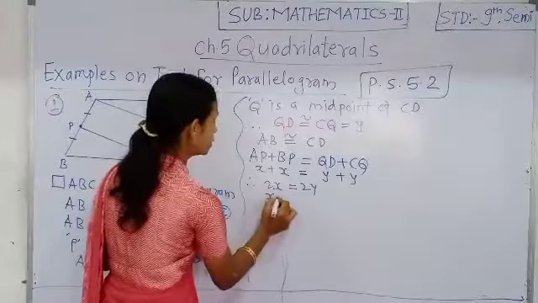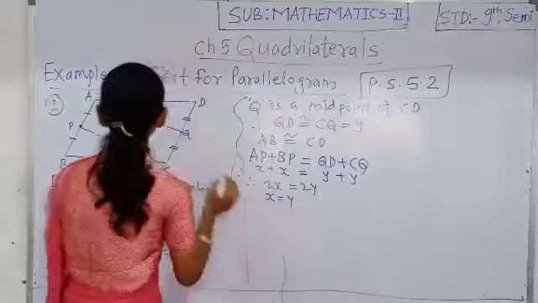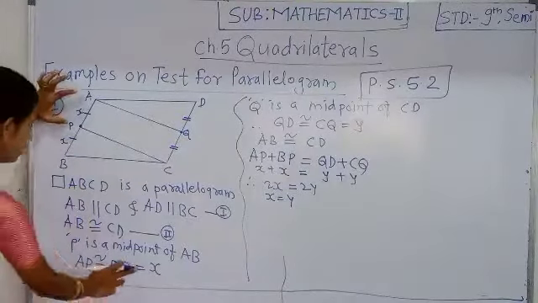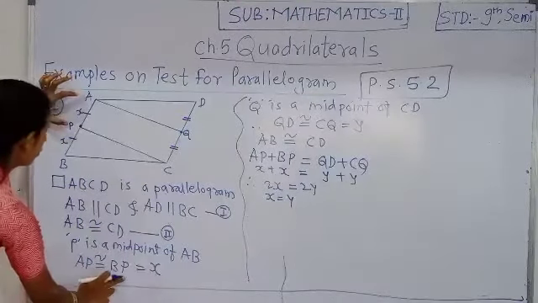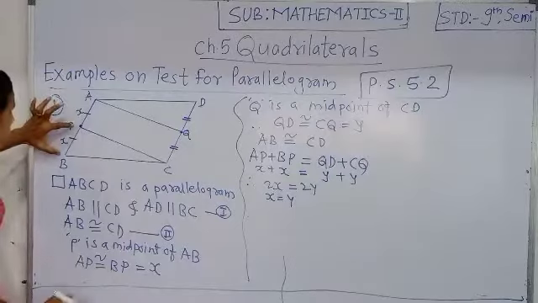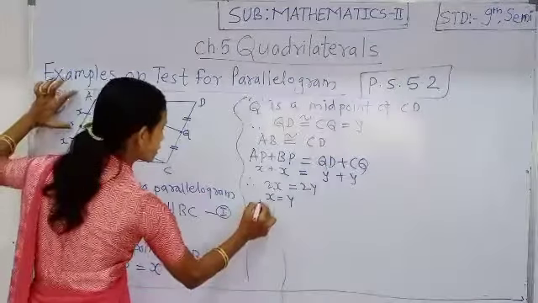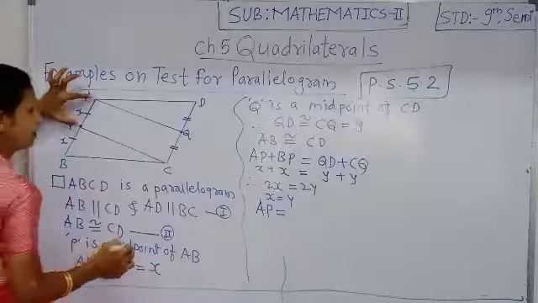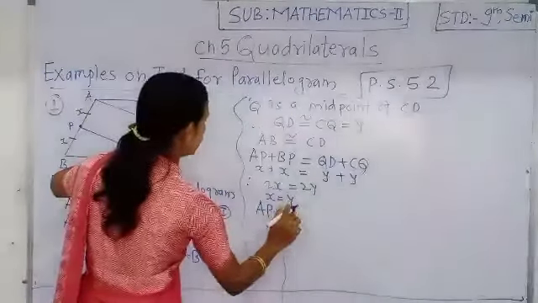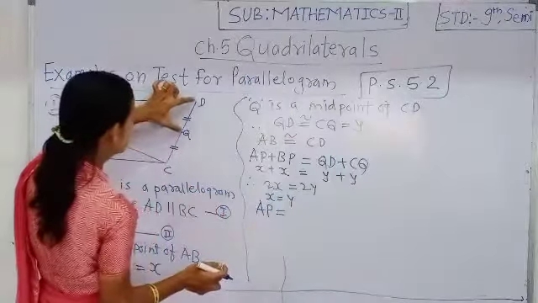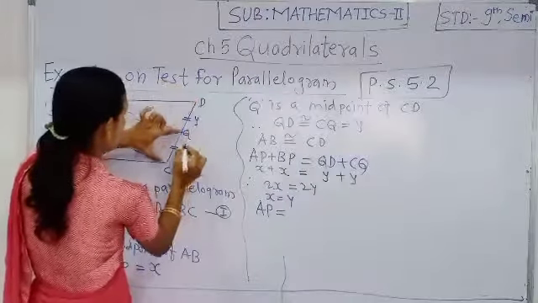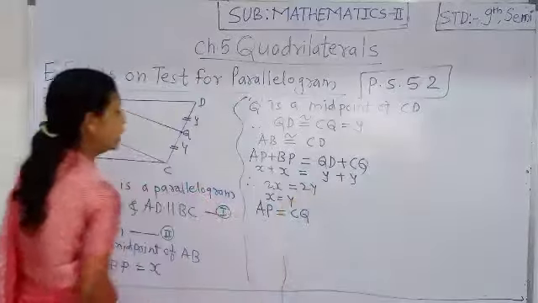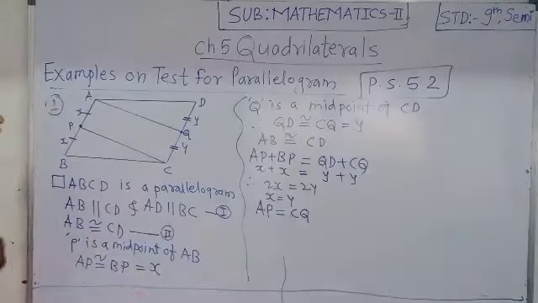Therefore X is equal to Y. But what is X? X is AP or BP. And what is Y? Y is QD and CQ. Therefore we can write here that AP is congruent to CQ.